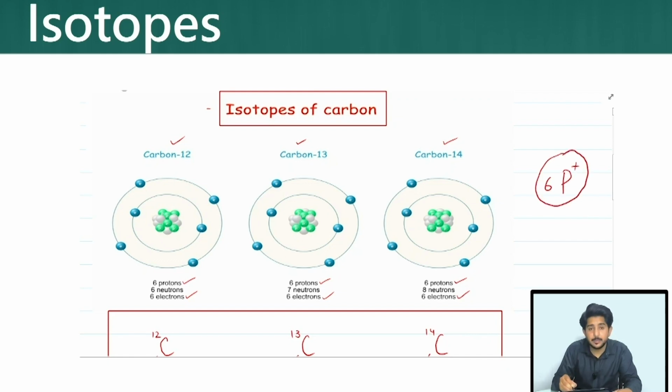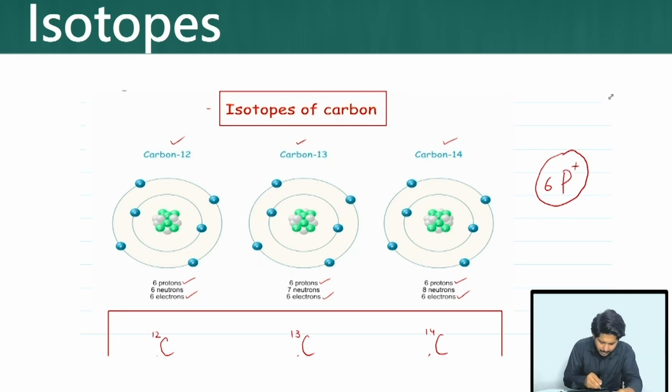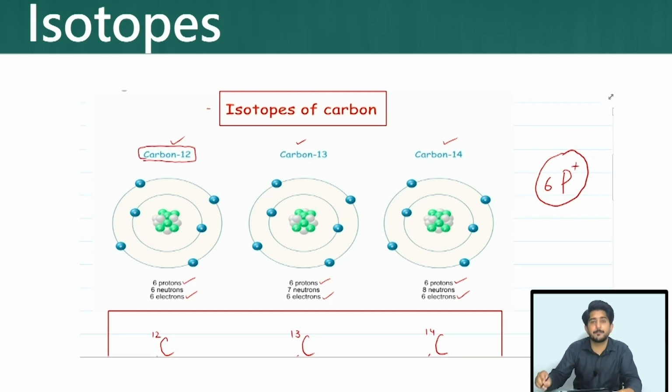If there are 6 protons, it means this is the atomic number. So how can we calculate the number of neutrons? See, carbon 12, this 12 is actually the mass number. So mass number is 12, 6 is the number of protons, so 12 minus 6 will give you 6. So there are 6 neutrons in it. Carbon 13, this is the mass number of another atom of carbon.